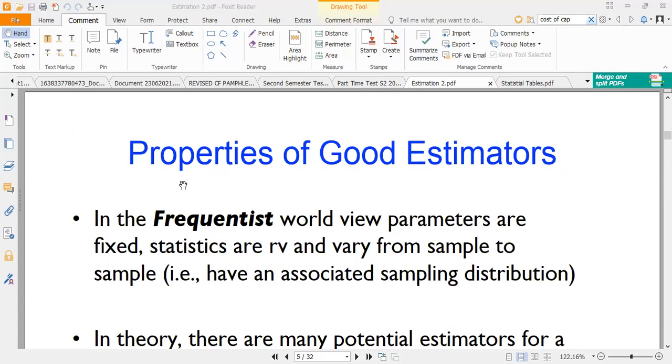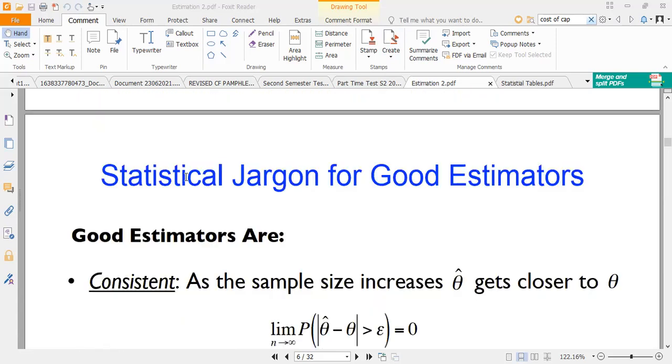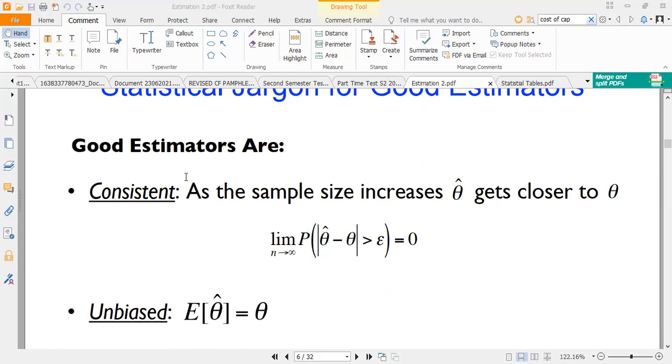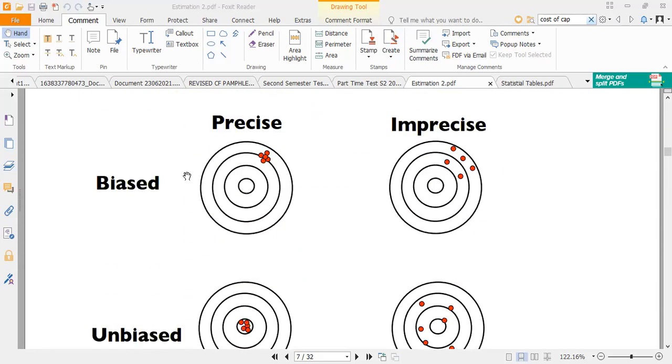Properties of good estimators are: one, they must be consistent; two, they must be unbiased; three, they must be precise, etc.